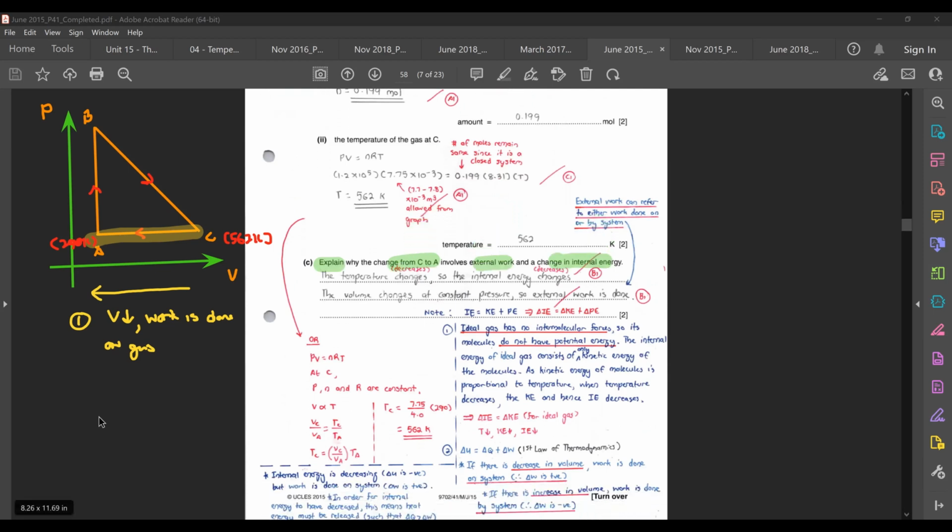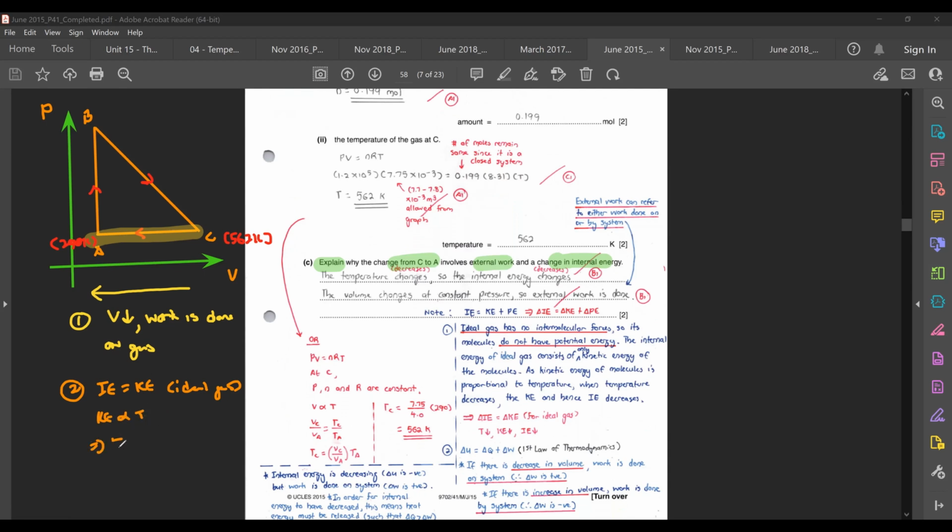Okay. So if you look at the relation between internal energy and temperature, IE was equal to KE for an ideal gas. KE is proportional to temperature.